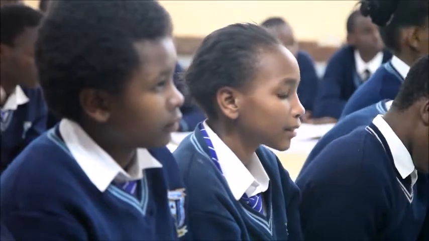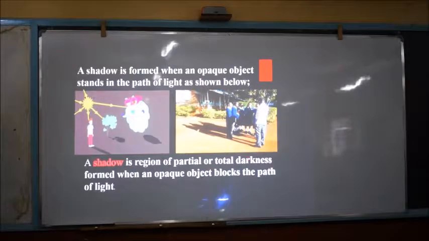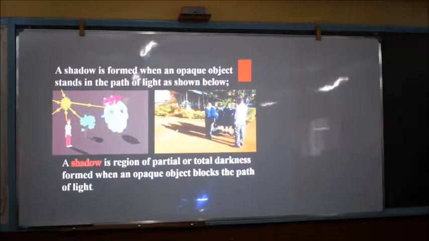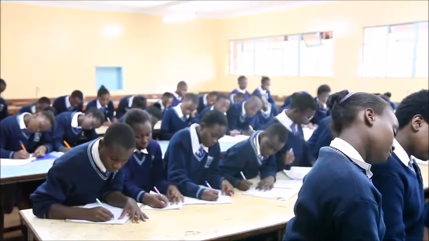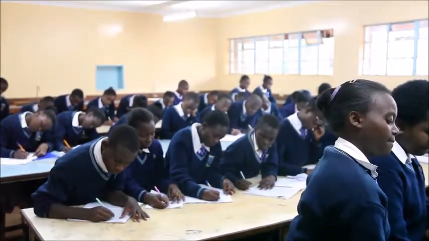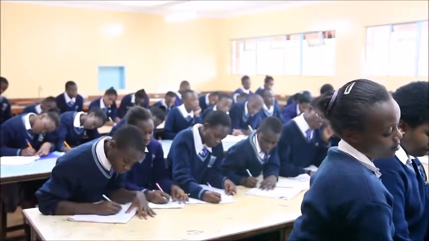Can you note that point down? A region of partial or total darkness formed when an opaque object blocks the path of light.